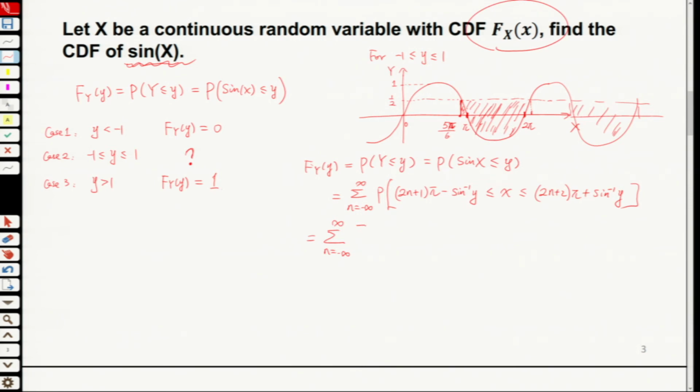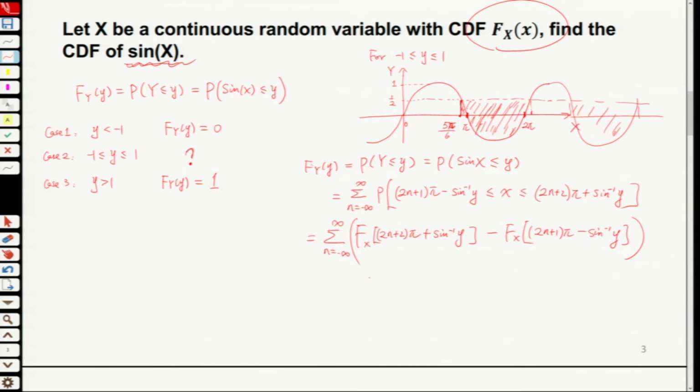This will equal F_X of (2n+2) pi plus sine inverse y, minus F_X of (2n+1) pi minus sine inverse y. So we got this CDF function for Y.